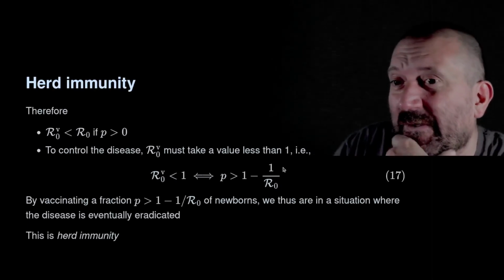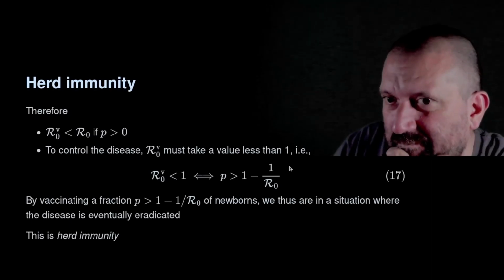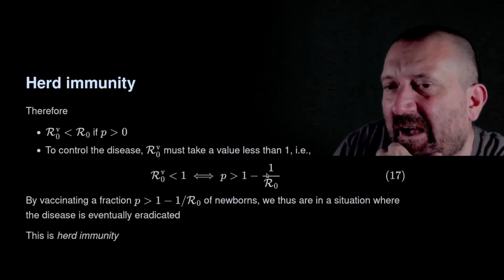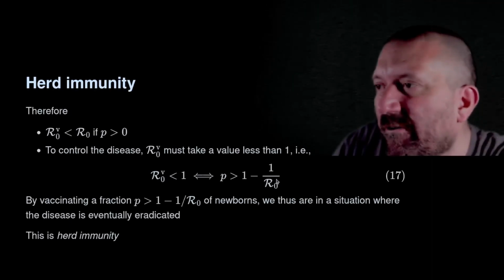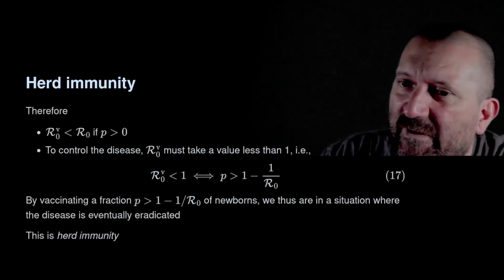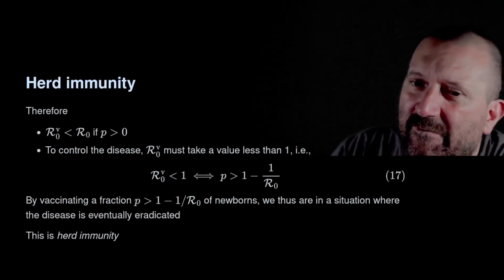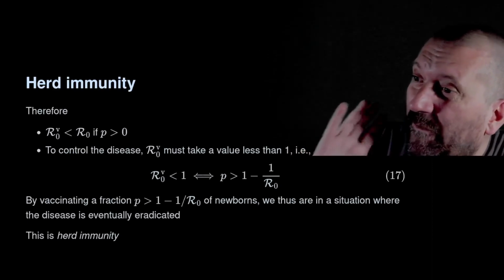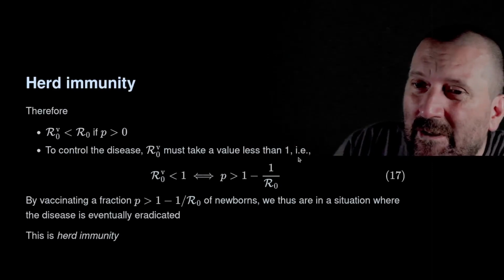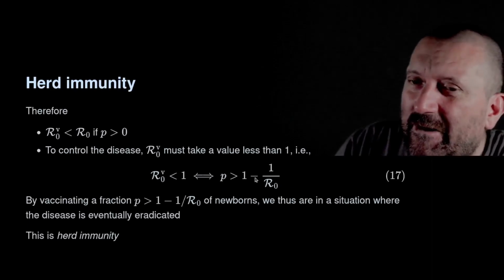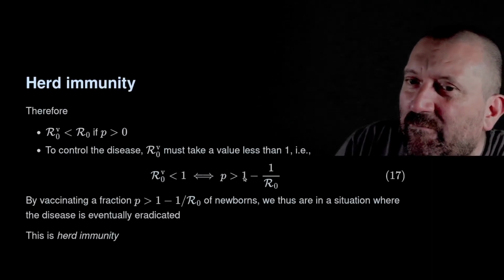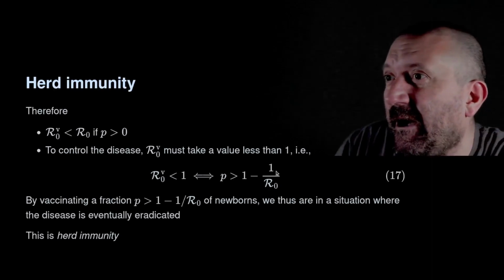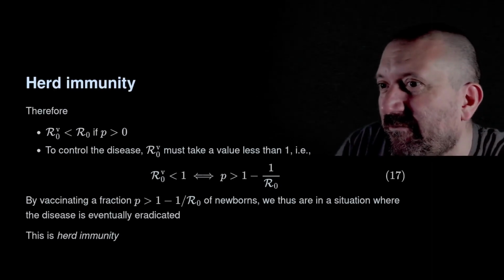So, for example, if you think about influenza, influenza typically has an R0 of 1.5. If I want to eliminate influenza, of course, I'm not saying in what amount of time I'm going to do so, but to eradicate influenza I need to vaccinate 1 minus 1 over 3 halves, so 1 minus 2/3.